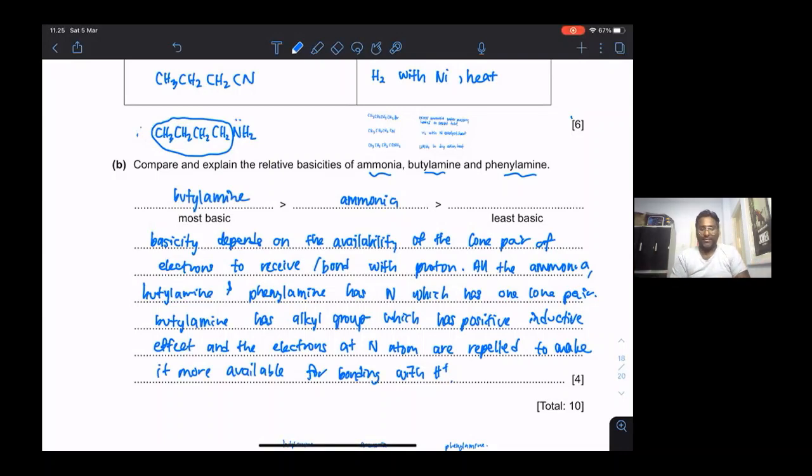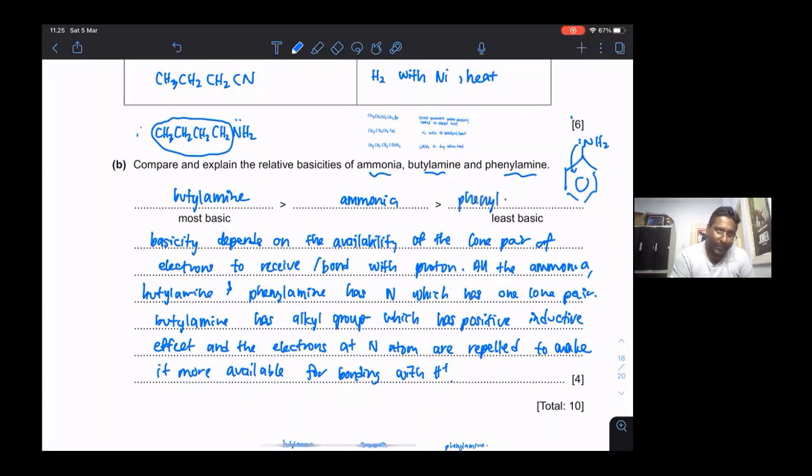So the least basic is going to be phenylamine, because phenylamine also contains the lone pair, but the lone pair is going to be delocalized into the benzene ring, because the lone pair of electrons is going to overlap with the p orbitals in the pi bonding system, making it more stable. So that electron will be less available for bonding. So we need to put it down over here.